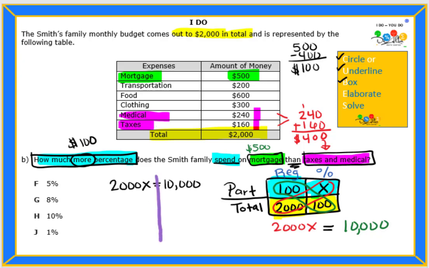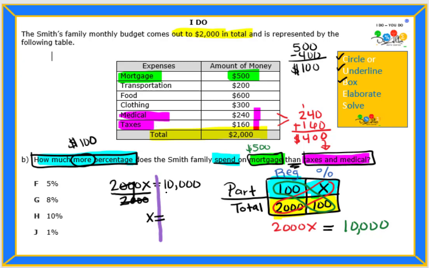So we're going to divide by 2,000. If we divide by 2,000, we will get 2,000 divided by 2,000, which will be 1. And that would make 1x, which is what we want because we want to isolate our x. But since we are working with an equation, remember that we have to do the same thing to both sides. Whatever I do on one side, I must do to the other side.